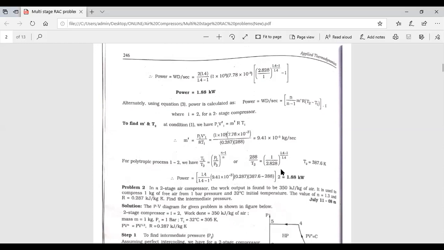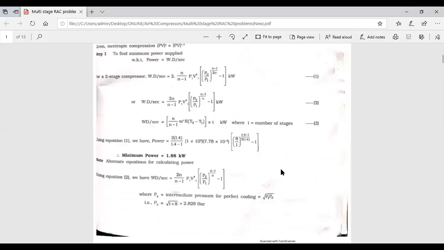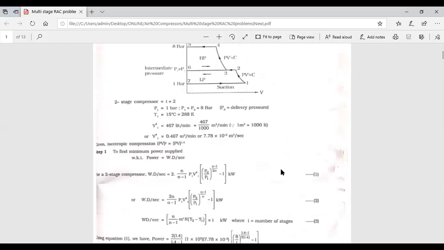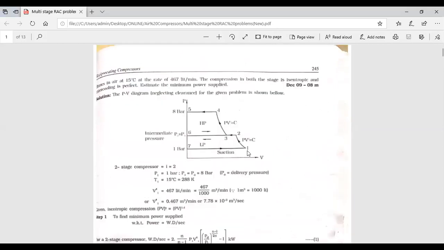Next, our aim is to find T2. Here in this problem T1 is given: 15 degrees Celsius. How are you going to calculate T2? As I said, the relationship between temperature and pressure for an adiabatic or polytropic process is given by T2 by T1 equals P2 by P1 to the power of n minus 1 divided by n.